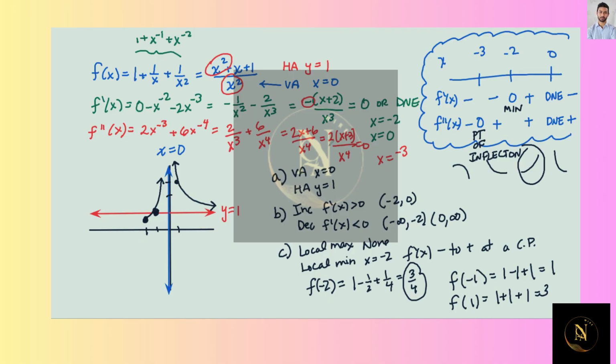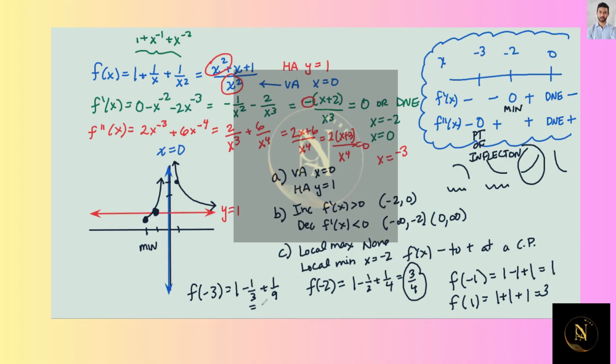On the left, we have to figure out how we're going to do this shape and then this shape. We know this is the min right here. We know we have a point of inflection at -3, so let's find out that point. f of -3 is 1 minus a third plus a ninth.